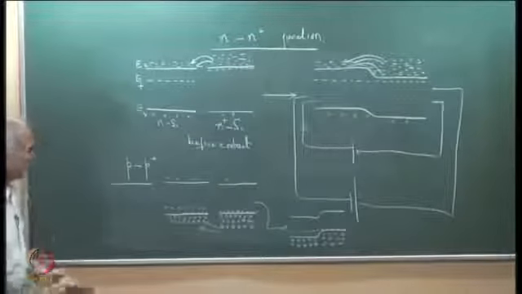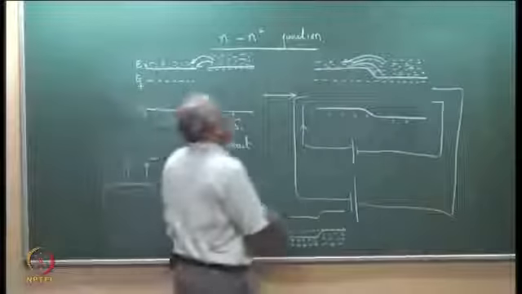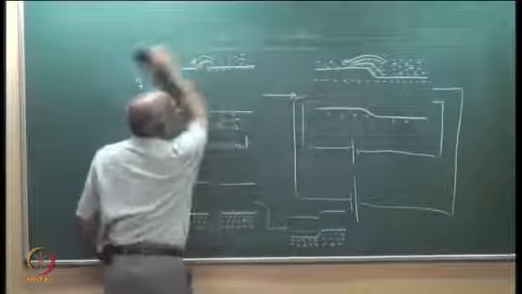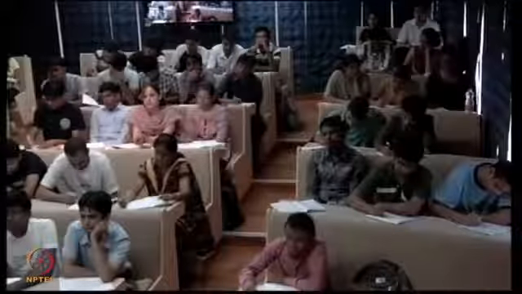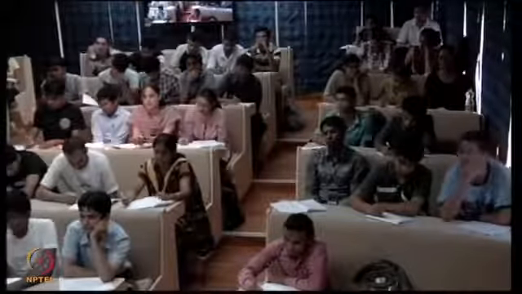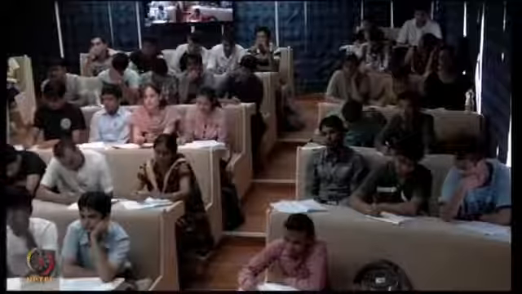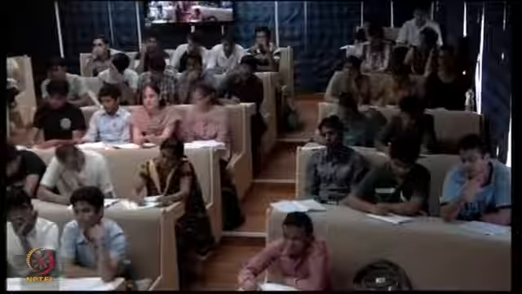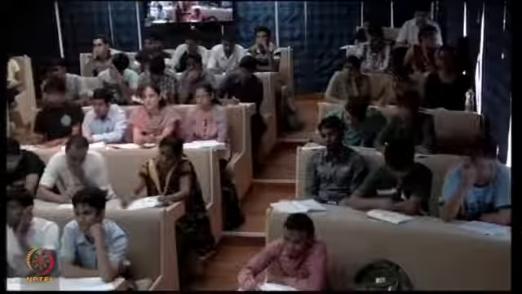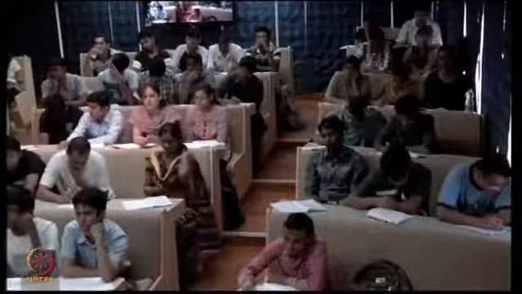Let us see the Schottky junction now. If you have understood how to plot the band diagram, then most of the time, at least qualitatively, you can see what type of characteristic you can expect.